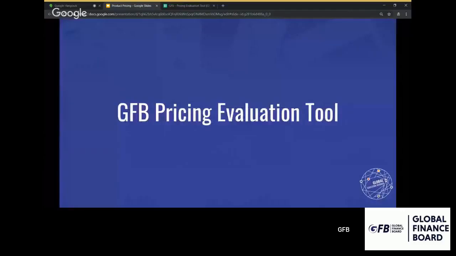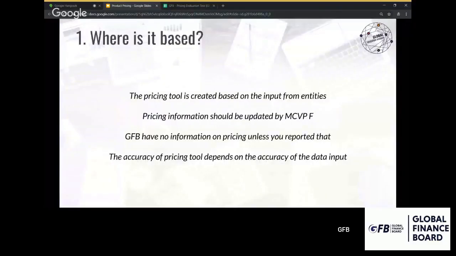The GFB evaluation tool lets us know where the pricing tool is created based on the input from entities. Pricing information should be updated by MCVP Finance. And also GFB has no information on pricing unless you reported that. So meaning every time that we're going to have a GFB, there is a section on doing the pricing, because we wanted to know how much the entities are pricing their products.